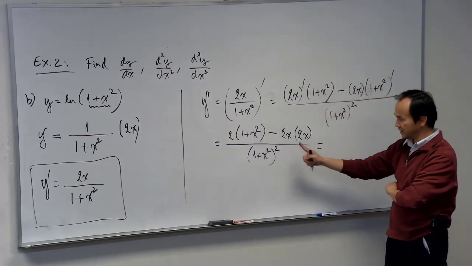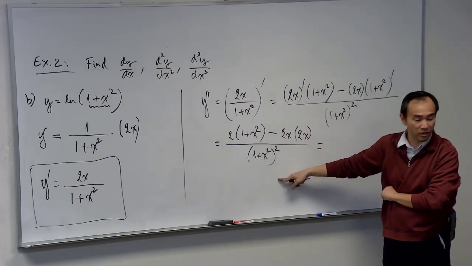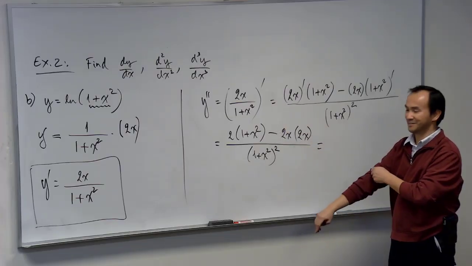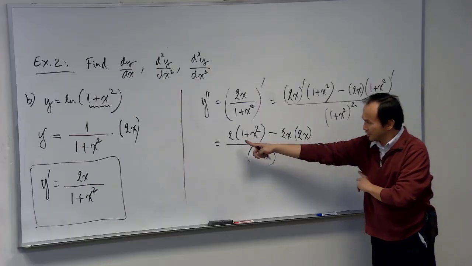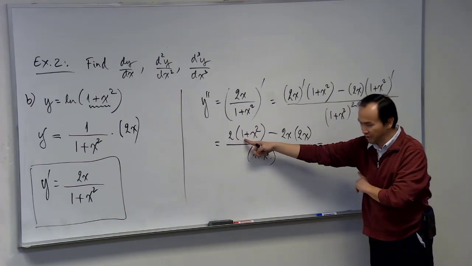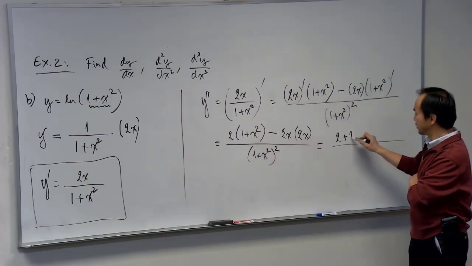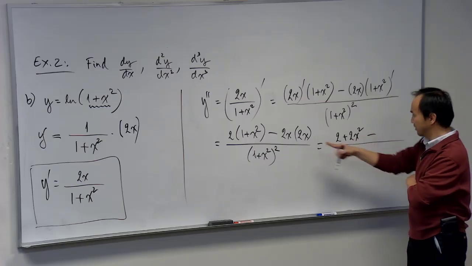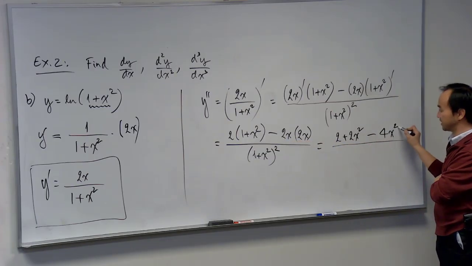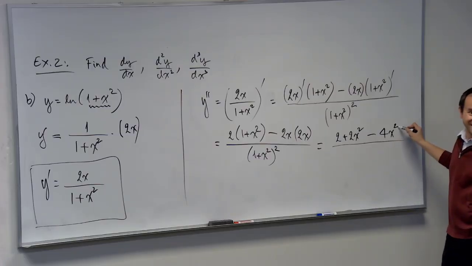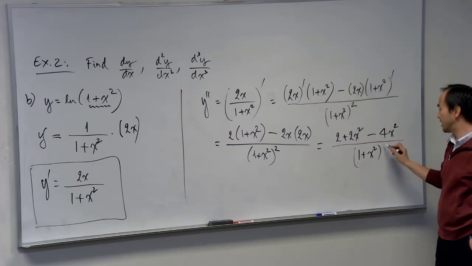At this point, technically we have finished finding the second derivative, but we definitely want to simplify it down a little bit. So let's distribute out that 2 for each term. In my next step, I'm looking at 2 plus 2x squared, minus, now these two multiply together, making it a minus 4x squared. You guys with me there? And we have 1 plus x squared all squared in the denominator.